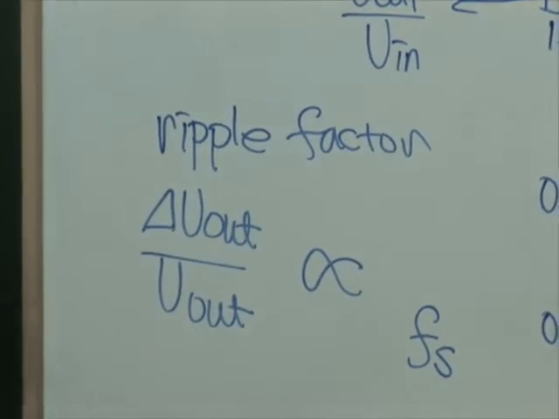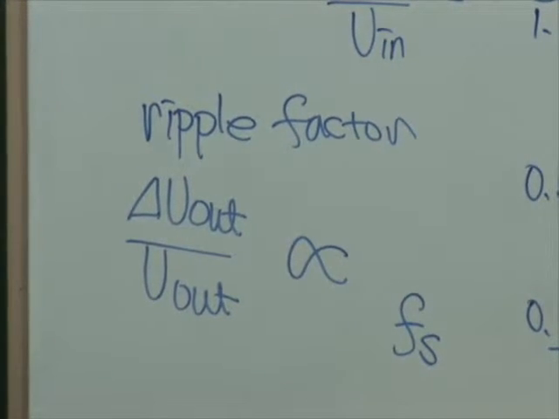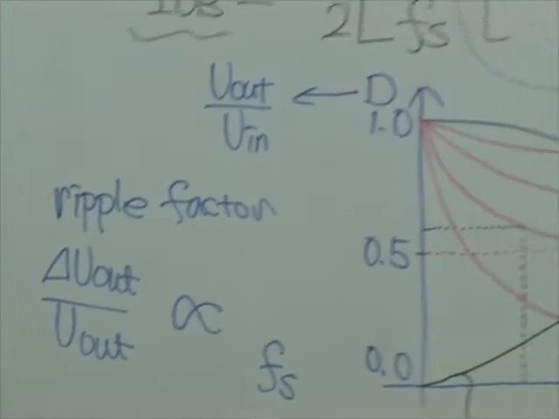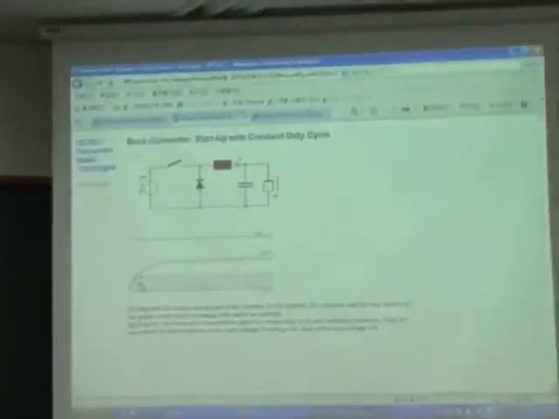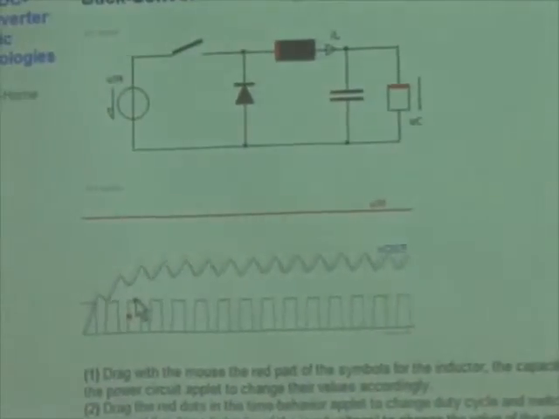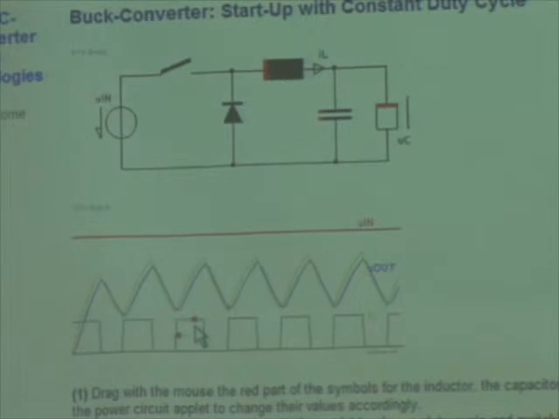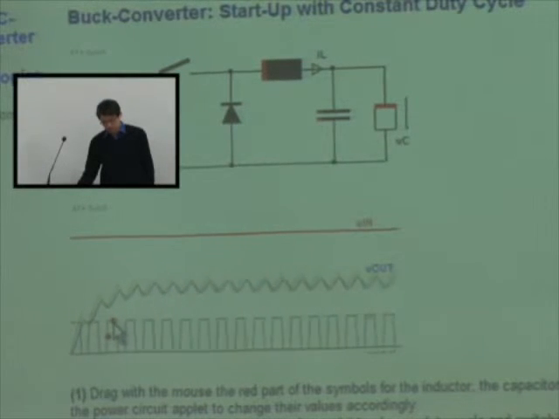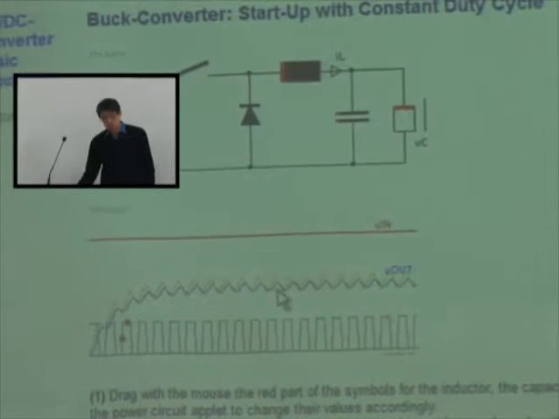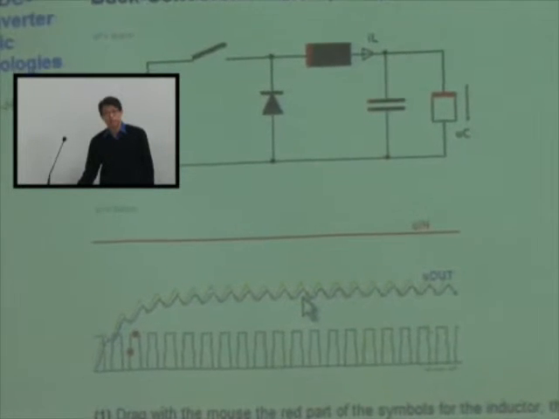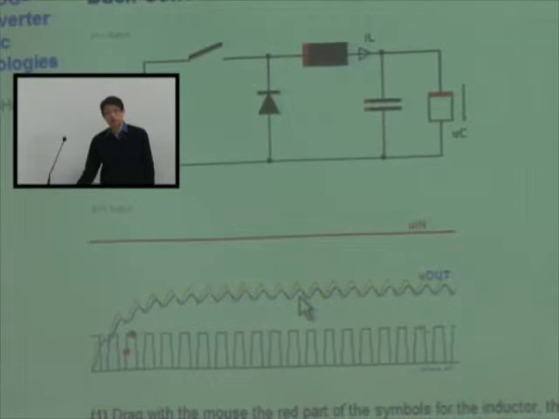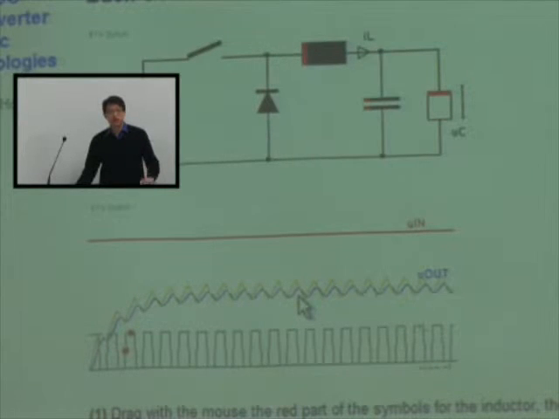So if you increase the switching frequency, the ripple becomes smaller, as you can see in this graph. Which one looks better, this one or this one? Of course this one, right? This has quite a constant output voltage. What's the purpose of this converter? To generate a nice flat DC output voltage. That's the main goal of this converter.